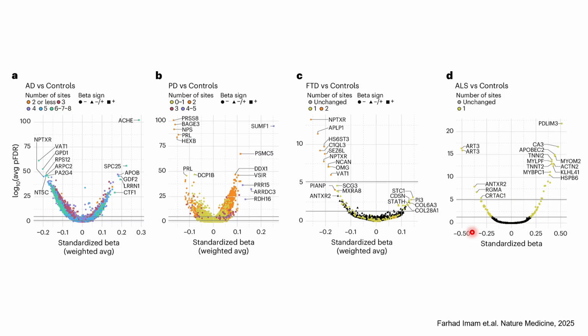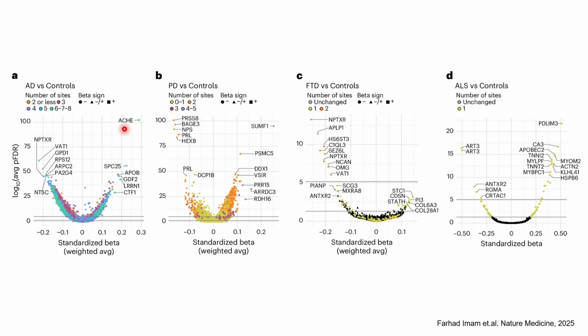And what they have found, everybody is familiar with this, the volcano plot. They compare Alzheimer's versus normal control, Parkinson's with control, and these are the upregulated proteins, these are the downregulated proteins, and the same in the other case.